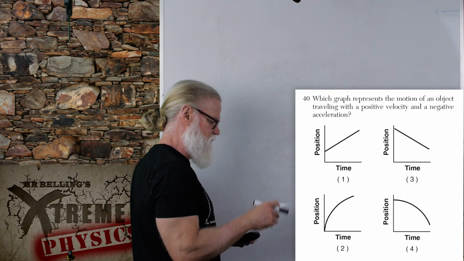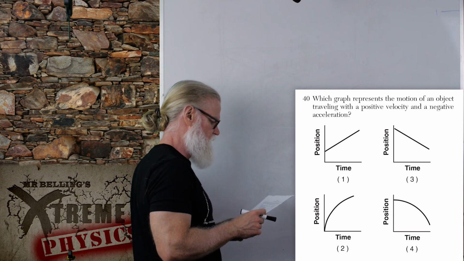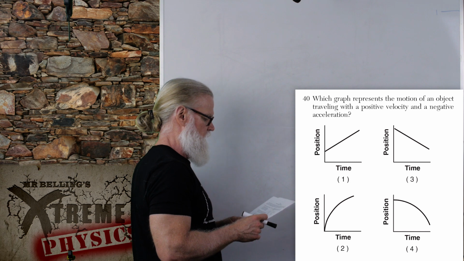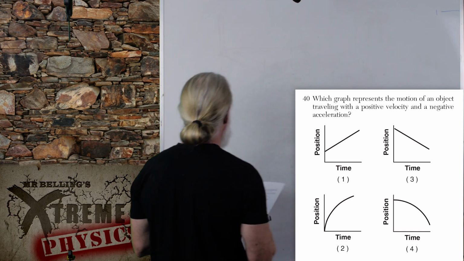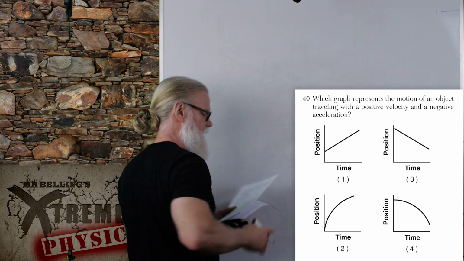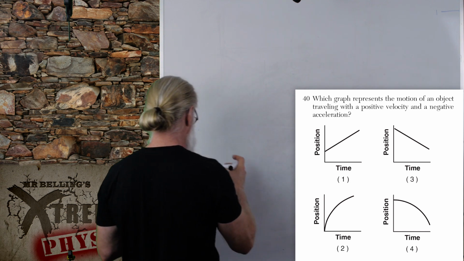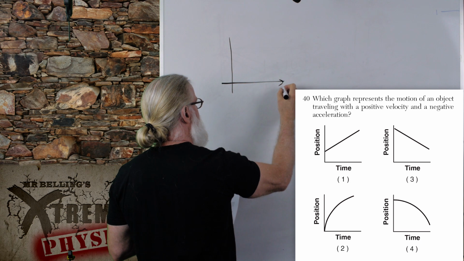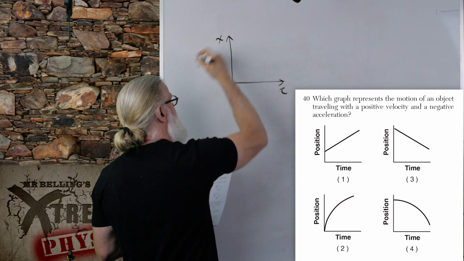Which graph represents the motion of an object with a positive velocity and a negative acceleration? All right, here we go. So what do we got here? Notice we only have positive things here. So we have a position versus time graph, and we're only positive on this. Let's talk the x.